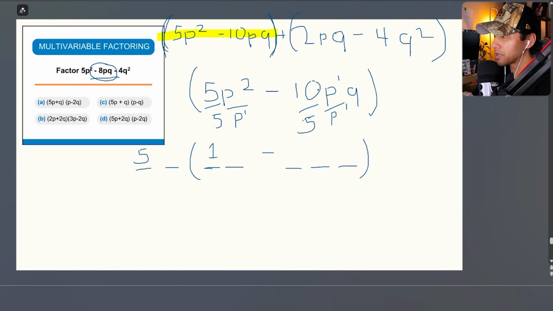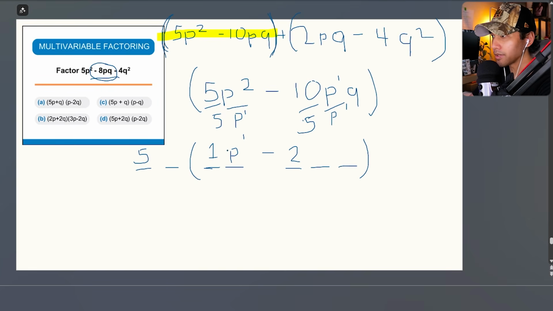So over here, I'm sorry, I didn't do this, but 10 divided by 5 is 2, so I'm going to put a 2 right here. And then p squared divided by p1. Remember, when you are dividing exponents, you subtract the exponents. So p squared, the 2 minus 1 equals just a p, or p1, just so you guys could get it down in your head that that's what's happening.